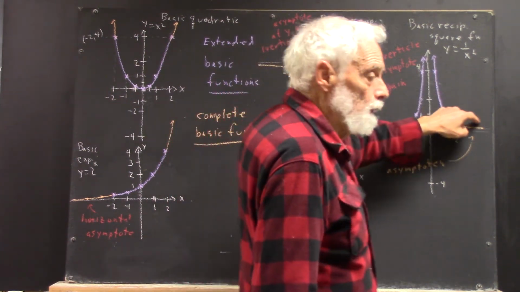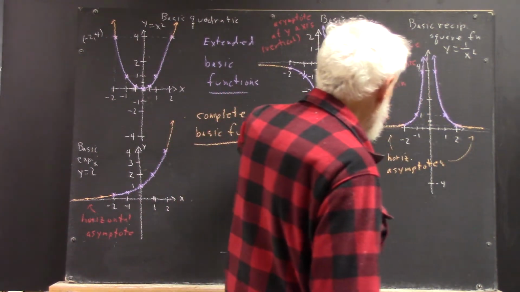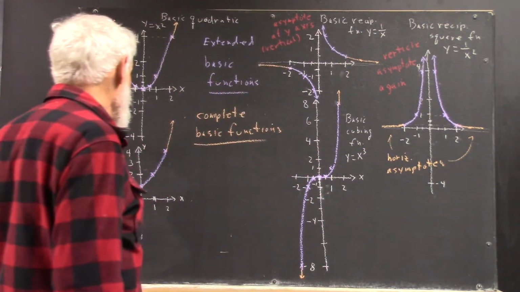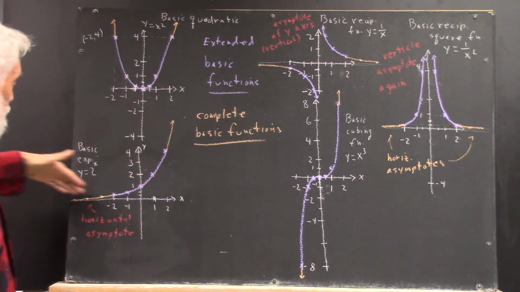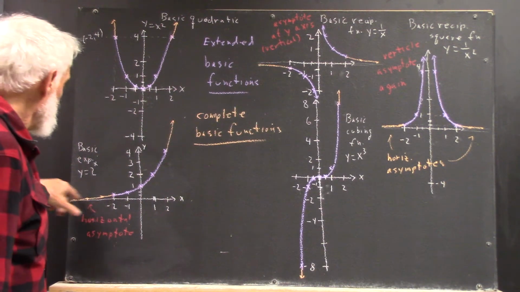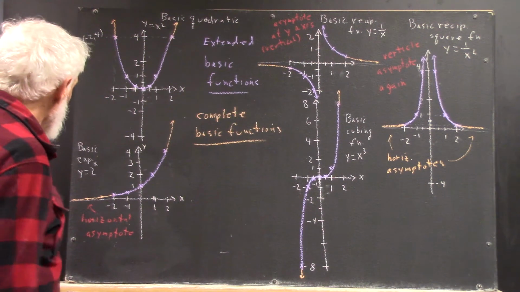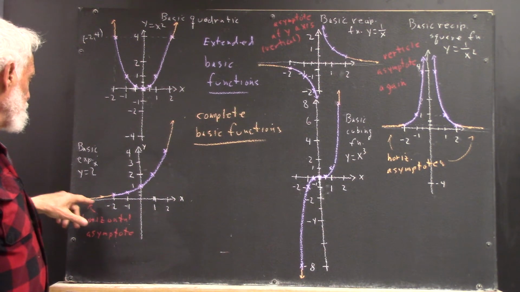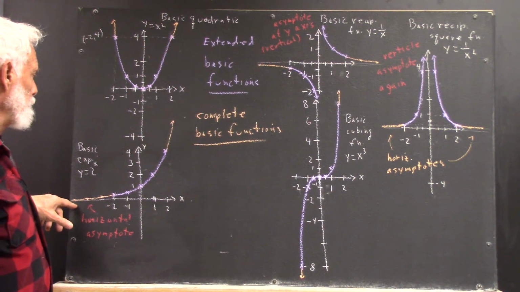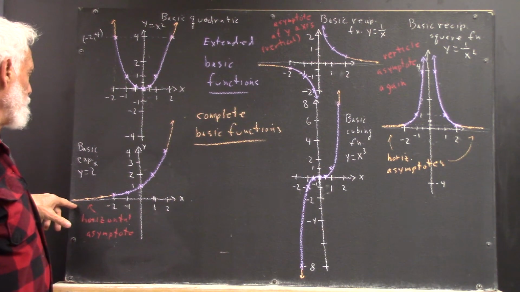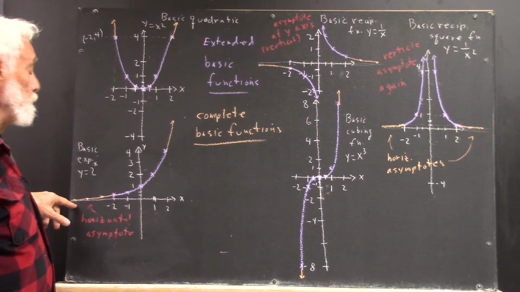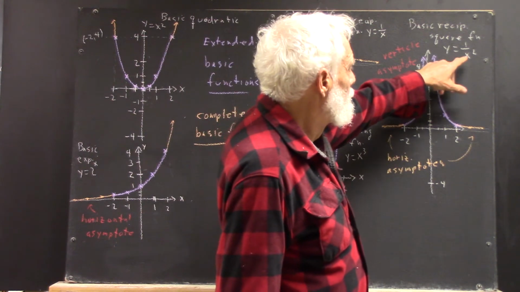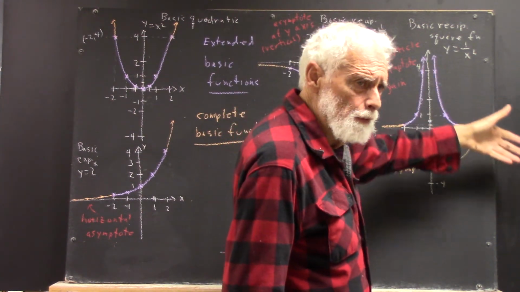And you have horizontal asymptotes here. This one flattens out a lot faster than this one does because of the squaring of the x. Okay. For the exponential function, this one actually flattens out even faster than those do. By the time you get to -3, -4, -5, 2 to the -5 is 1 over 32, and 1 over 5 squared is only 1 over 25.